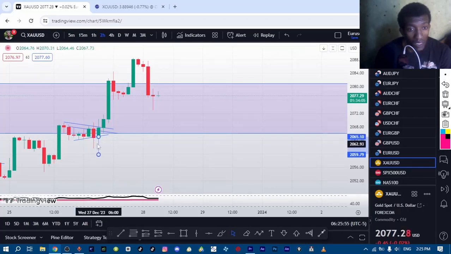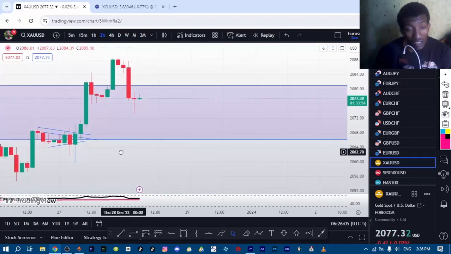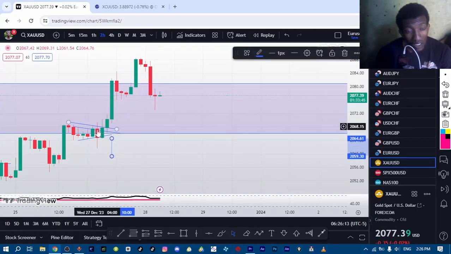Why a losing trade? Because it didn't hit your TP. First thing it did was go to the upside. It was bullish, then retraced back.